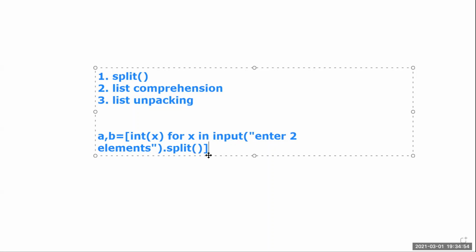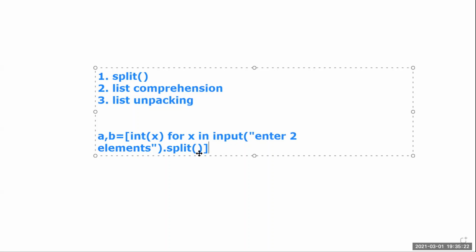Yesterday we have already seen this. This split function will take an argument, a separator. If you are not passing any separator, by default the separator is a white space. Anyone having any doubt with respect to the split function, you can ask now.